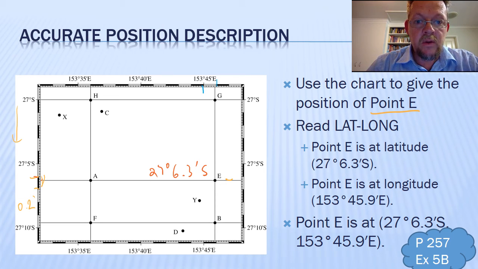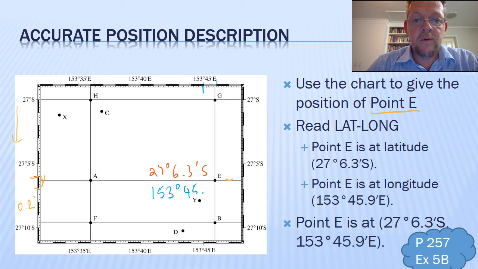Now each of these smaller ones, as I said, are broken into fifths. I can see 1, 2, 3, 4, and it's halfway through. So reading here, it's got to be 153 degrees and then it's 45 minutes.